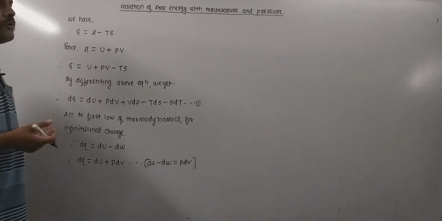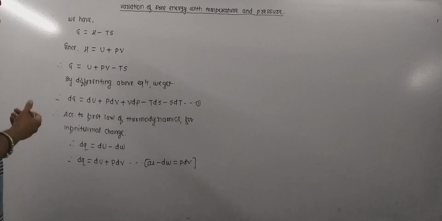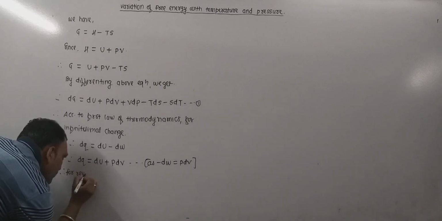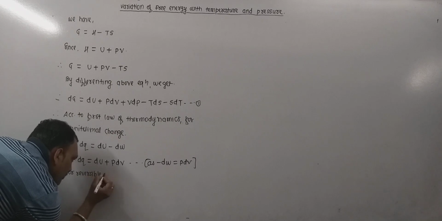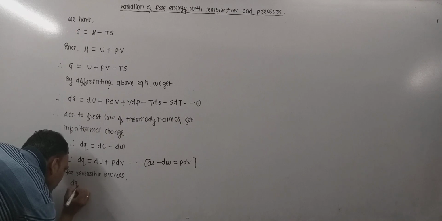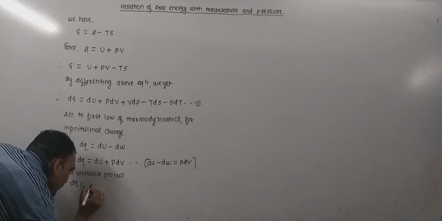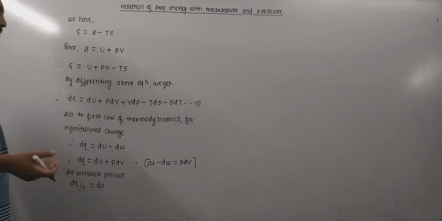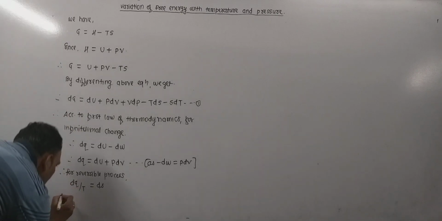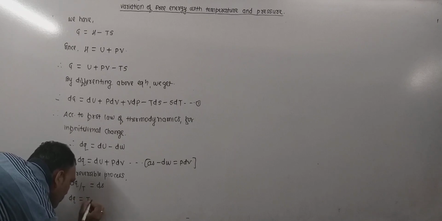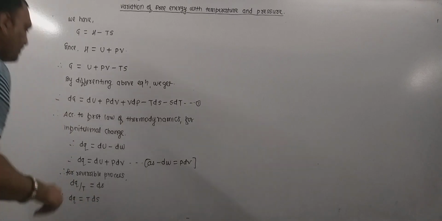Again, what we know for a reversible process is dq by T is equal to dS, that is change in entropy. So further this can be given as dq is equal to TdS.